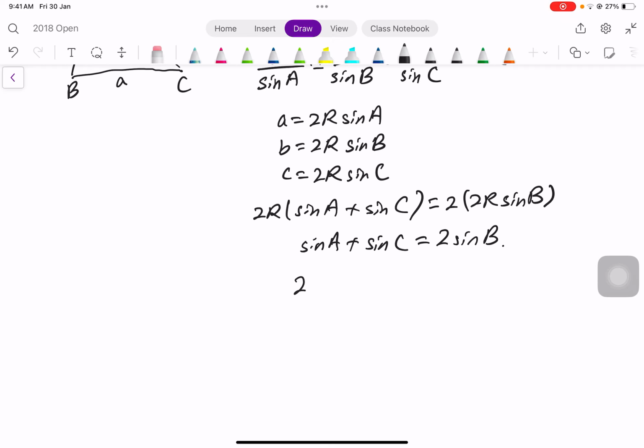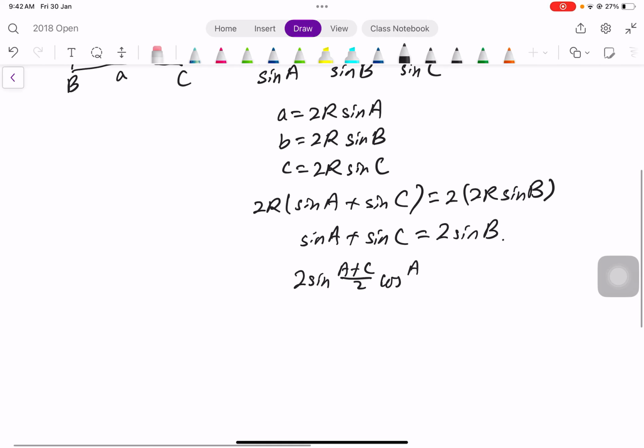This will be 2 sine of (A plus C) over 2, cosine of (A minus C) over 2, and for sine B, we can use the double angle: 2 sine B over 2, cosine B over 2.